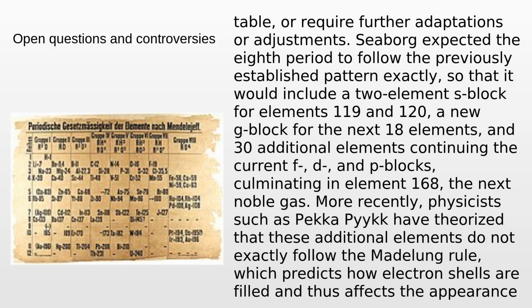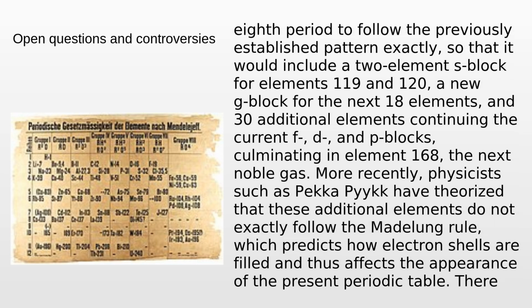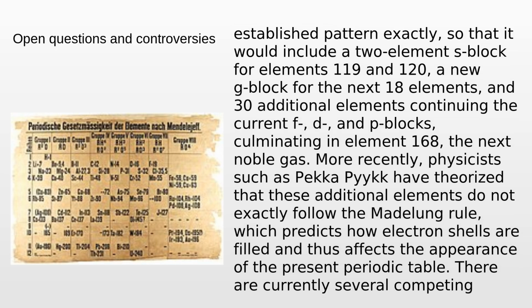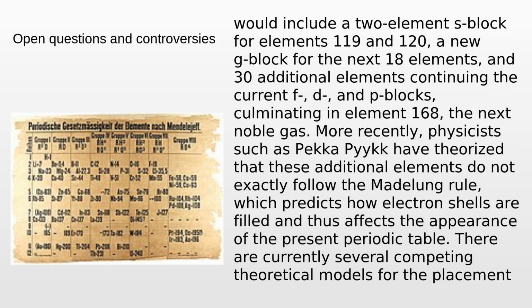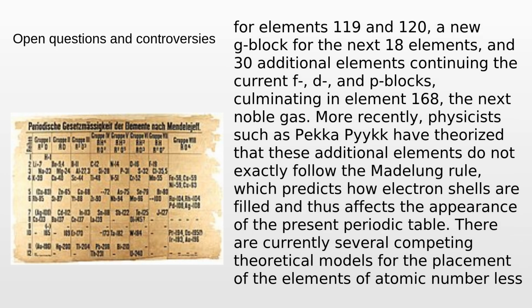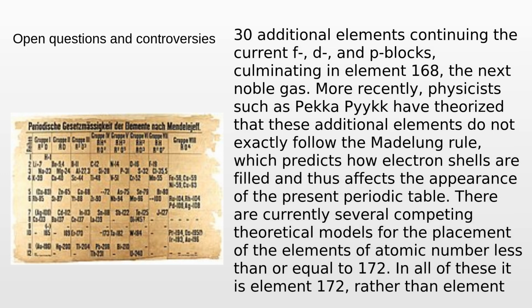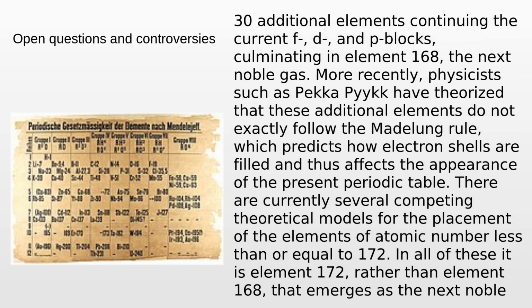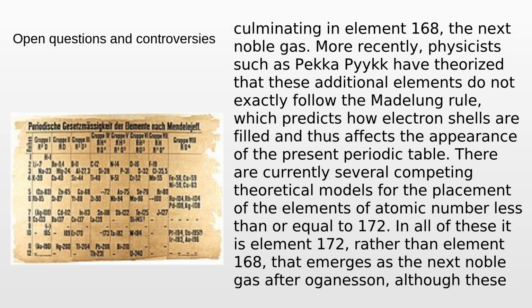Seaborg expected the 8th period to follow the previously established pattern exactly, so that it would include a 2-element S-block for elements 119 and 120, a new G-block for the next 18 elements, and 30 additional elements continuing the current F, D, and P blocks, culminating in element 168.